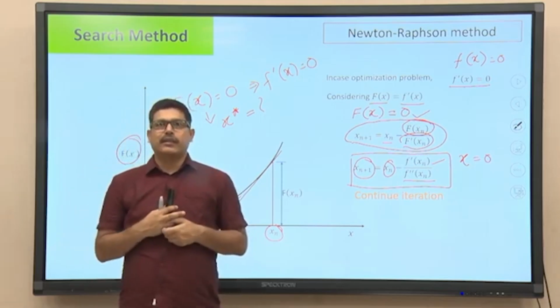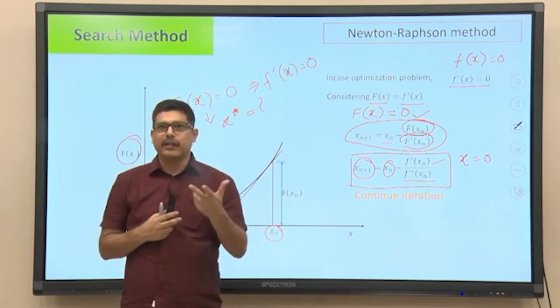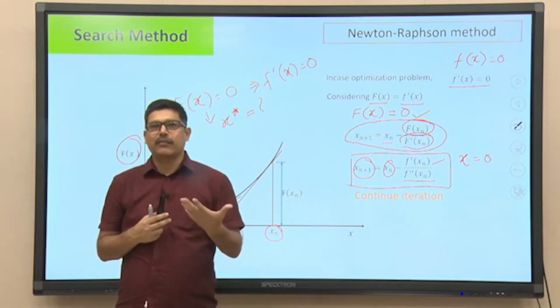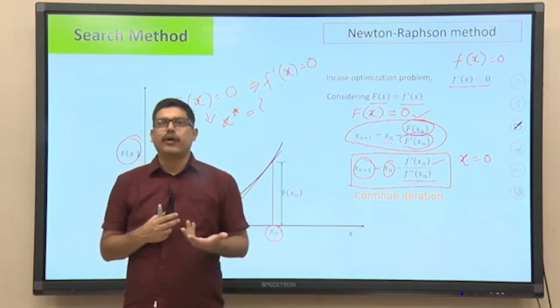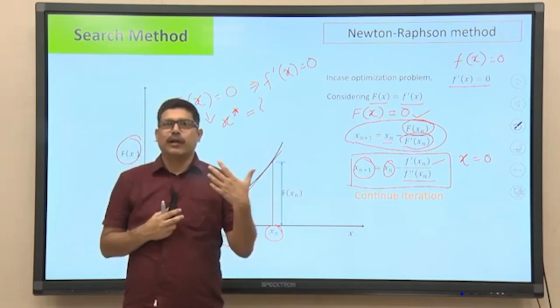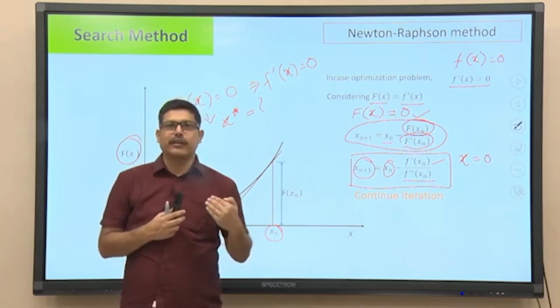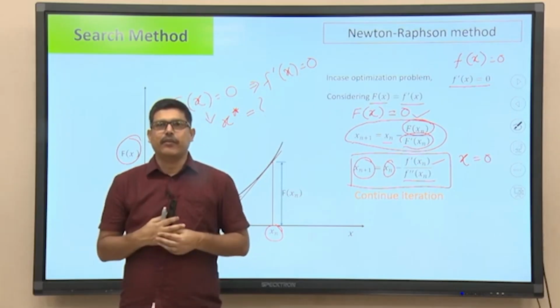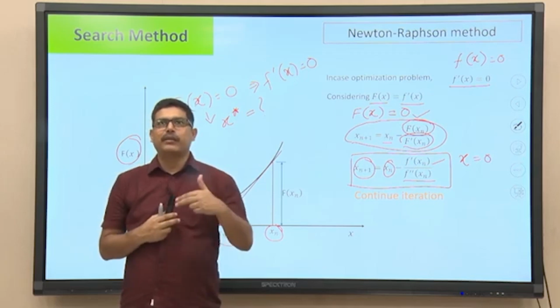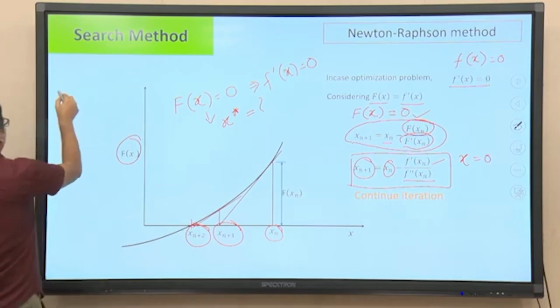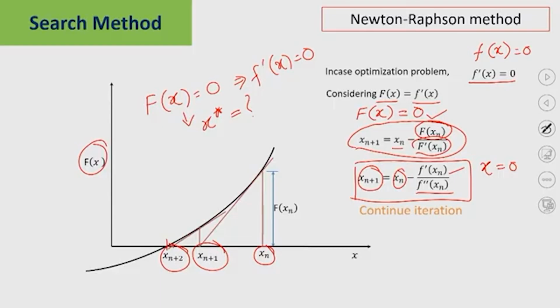Another option is that I can calculate the derivative using a numerical method. I can apply the forward differentiation technique, the backward differentiation technique, or the central differentiation technique. Now, if you are applying forward differentiation, what is that? Suppose I calculate the derivative of the function.